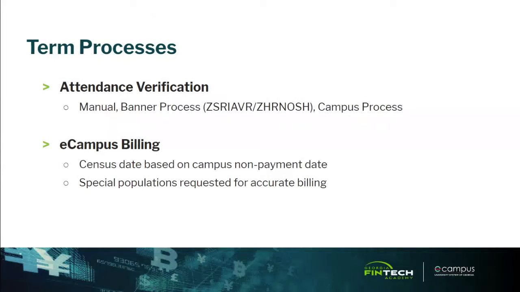Most institutions use these Banner processes that are listed here, and the first process will pull those records for absent students into a temporary table, and then the second process will actually drop or withdraw the students based on whatever parameters you enter into that job. And then we have a few campuses who also have homegrown campus processes to run that attendance job as well. So whatever works best for you is certainly okay with us.